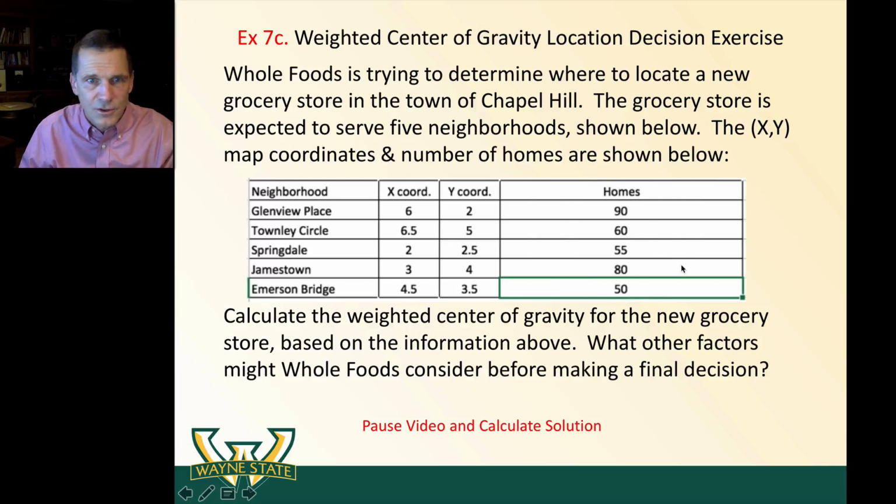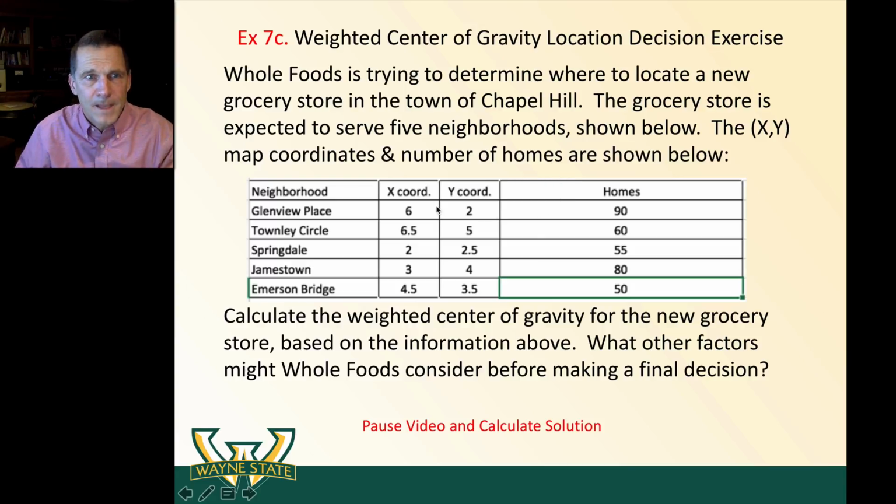So the gravitational number here, the weighting factor, is the number of homes in each of these 5 neighborhoods. So again, it's a customer count in this case. Doesn't always have to be, right? It's whatever we want to center on, whatever we want to have represented as the weighting factor. In this case, it's just a retail store, not a distributor, 5 neighborhoods. How many customers, generically speaking, right? Saying a customer is a customer in this simple model.